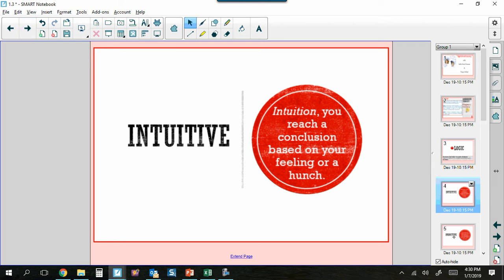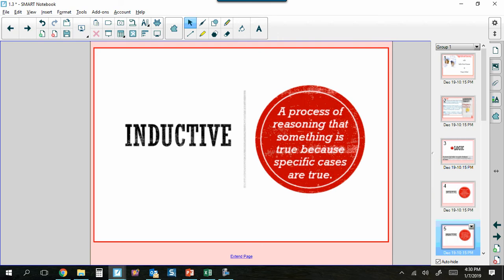Now our second type of logic is what we call inductive. Inductive is a process of reasoning that something is true because all other cases are true. We're going to give you some ideas to help you connect inductive to the different types of inductive reasoning when we get to the bottom of the notes page.